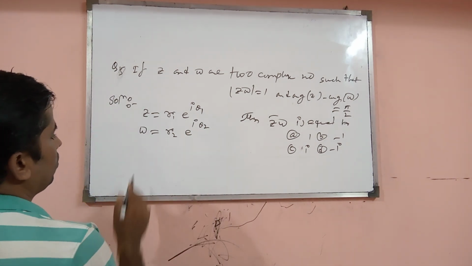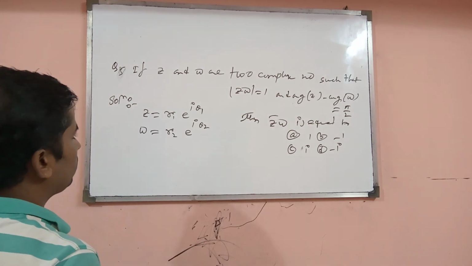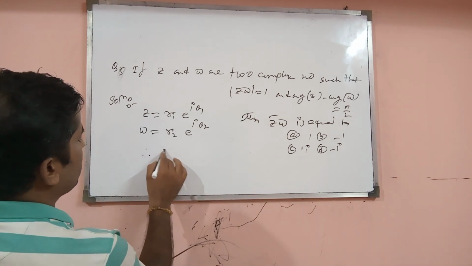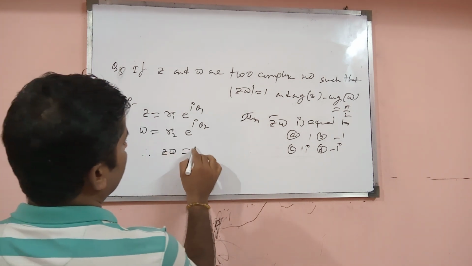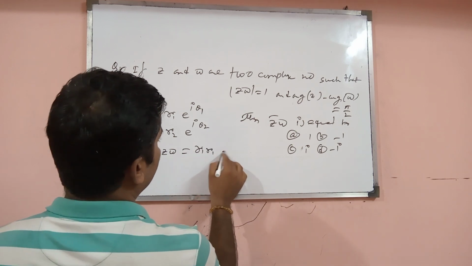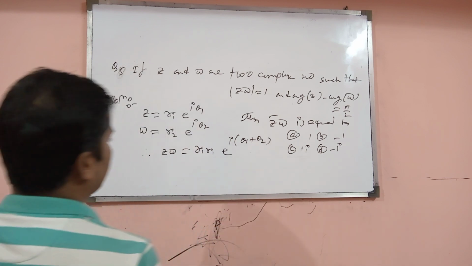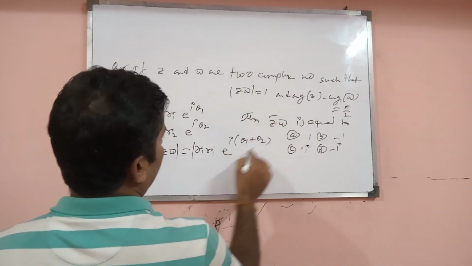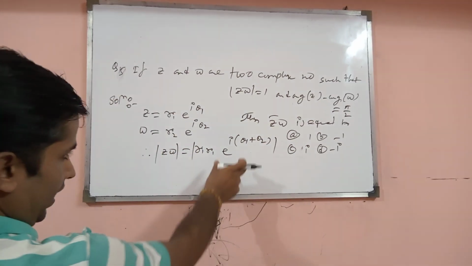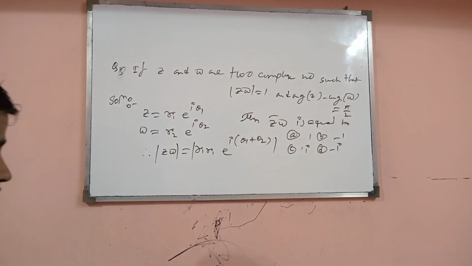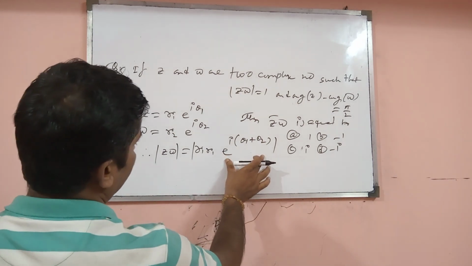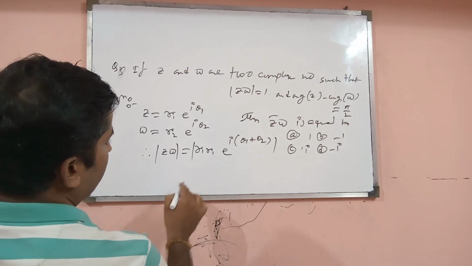Therefore ZW is equal to R1 R2 e to the power i theta 1 plus theta 2. If you take mod, as it is an exponential number, its value cannot be anything other than 1.